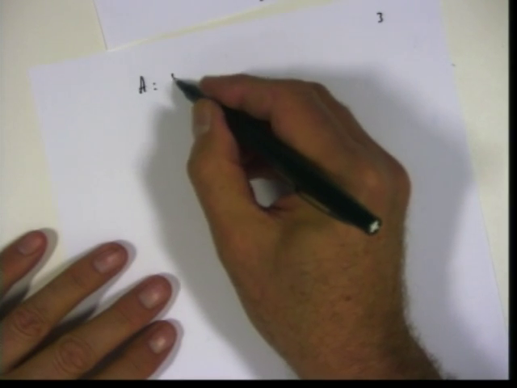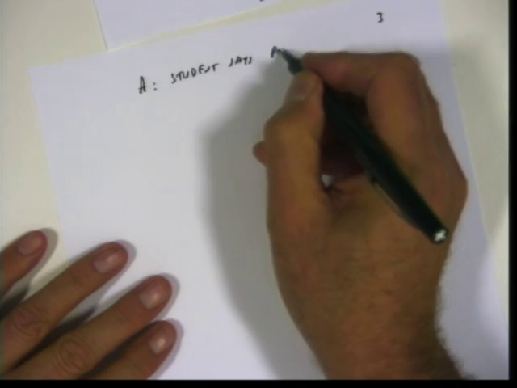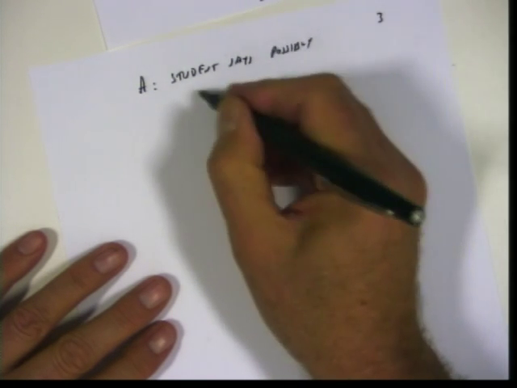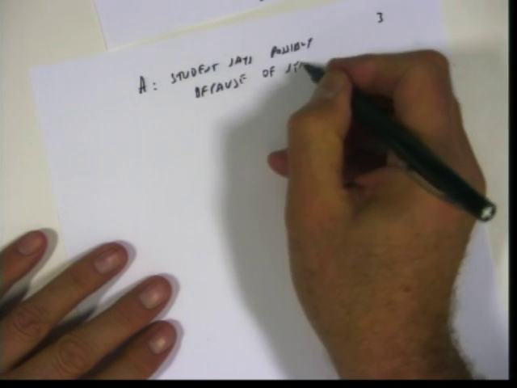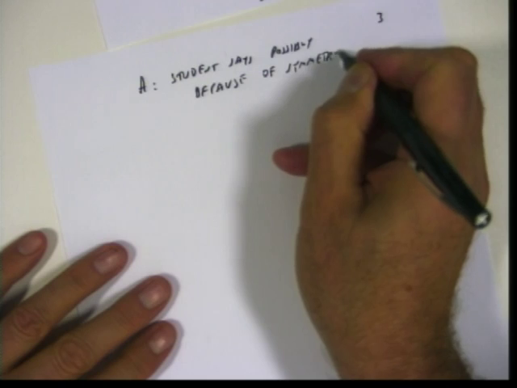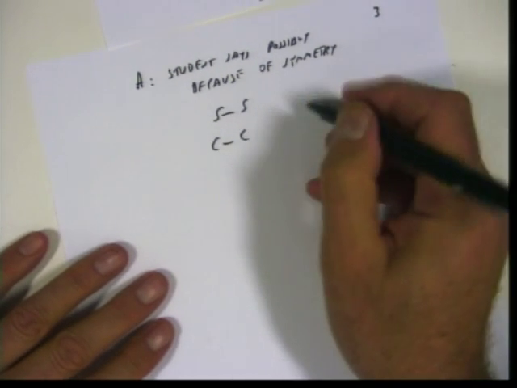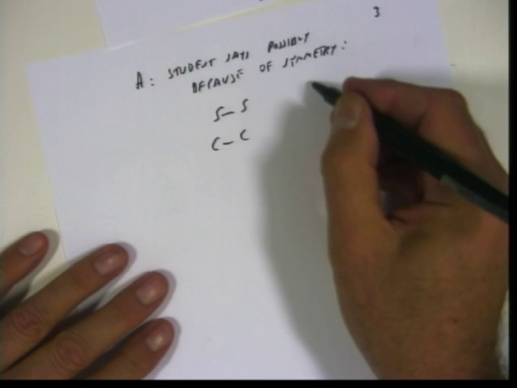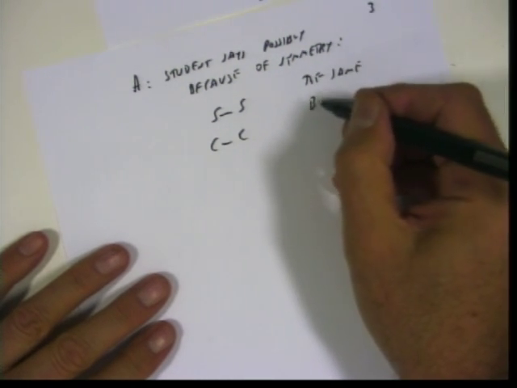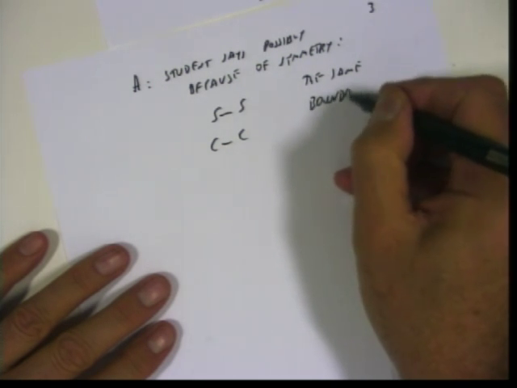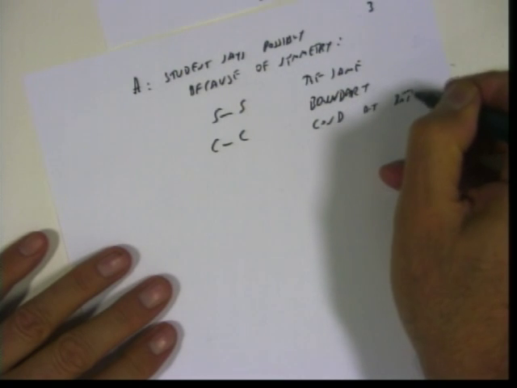Student says, possibly because of symmetry. So we have simply supported, we have clamped. Symmetry means the same boundary condition at both ends.